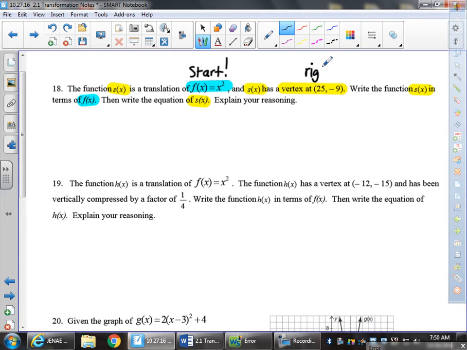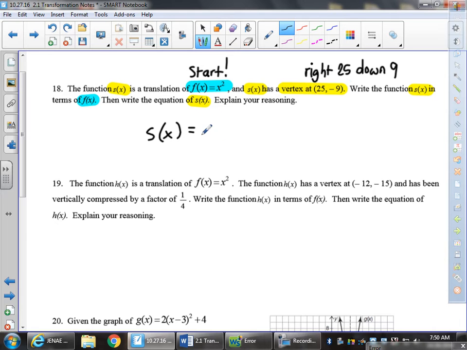Right 25, down 9. Right 25 and down 9. So now we need to write s of x. We've identified our shift. That was the first thing we need to do.